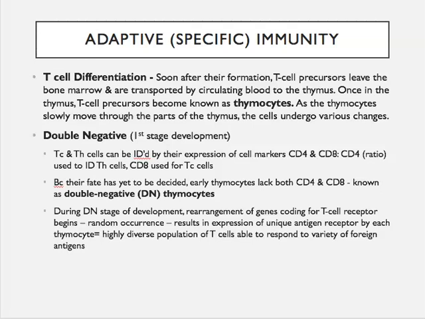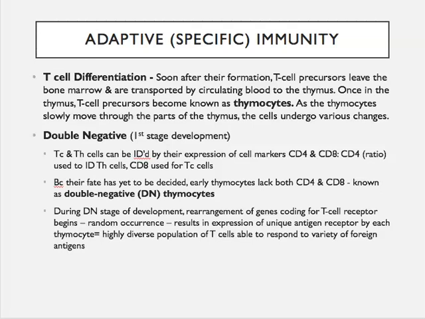T cell differentiation. So soon after the T cells form, you've got T cell precursors that leave the bone marrow. They get transported by circulating blood to the thymus. Once they're in the thymus, the T cell precursor becomes known as a thymocyte. So as the thymocytes slowly move through the parts of the thymus, the cells are going to undergo different changes.